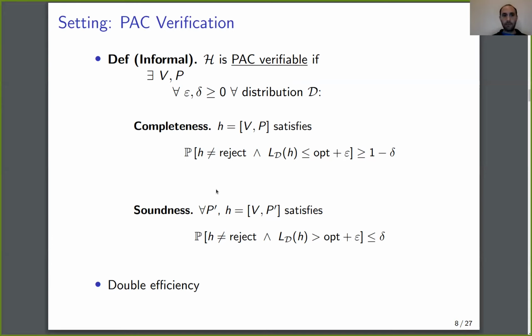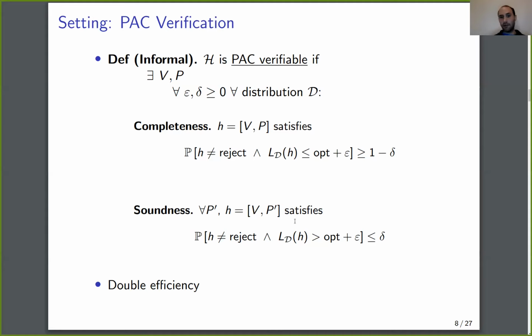That's completeness. Soundness means that for any prover, maybe a different, dishonest, malicious, and possibly computationally unbounded prover, if that prover interacts with the verifier, and they both have access to the distribution and so on, then this malicious prover cannot cause the verifier to output a hypothesis that is not approximately correct, except maybe with some small probability.